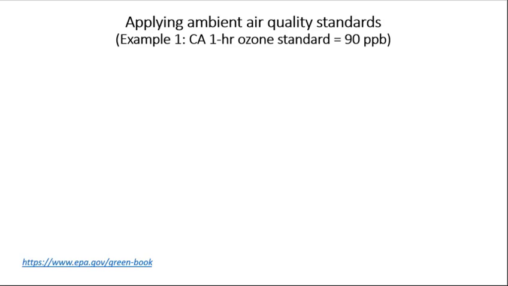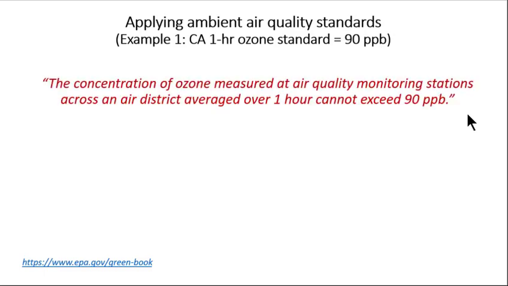The following examples make more explicit and provide further details on the application of ambient air quality standards. We first take the 1 hour California standard for ozone of 90 parts per billion. This means that the concentration of ozone measured at air quality monitoring stations across an air district averaged over 1 hour cannot exceed 90 parts per billion.